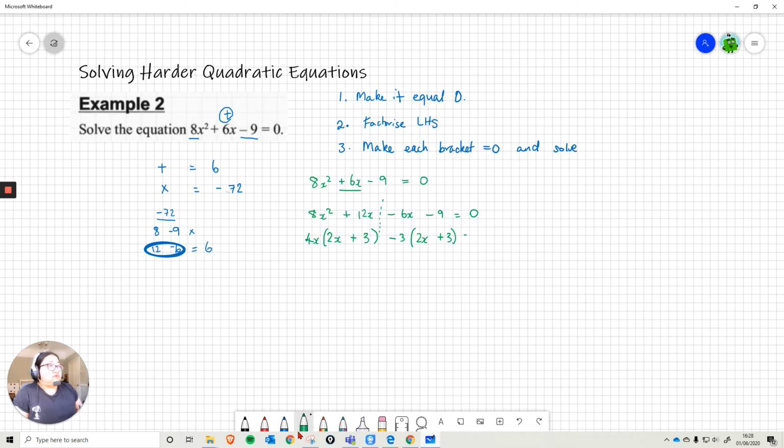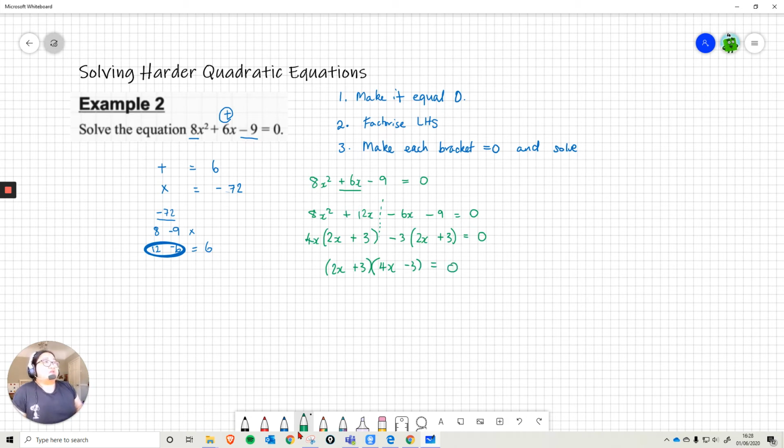Now I know I've done my factorizing correctly because there's a bracket that they have in common. So now those 2 brackets, I can factorize that bracket out to give me 2x plus 3, and the outside of my brackets will create the second bracket, 4x minus 3. And it's all still equal to 0.